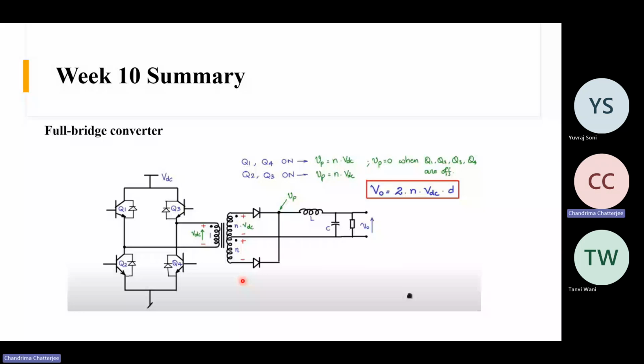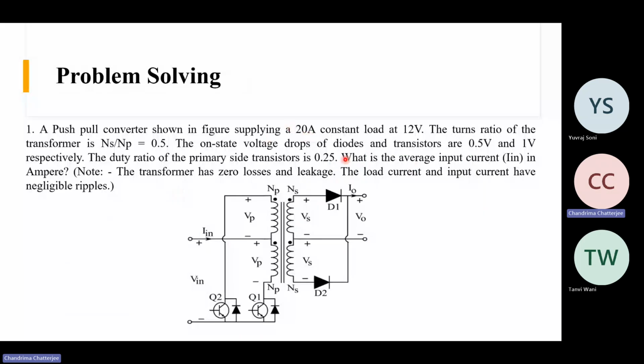Okay, so I shall start this numerical again. Here, so the push-pull converter is given here, and some data is provided.